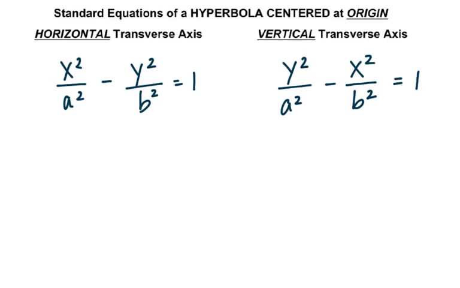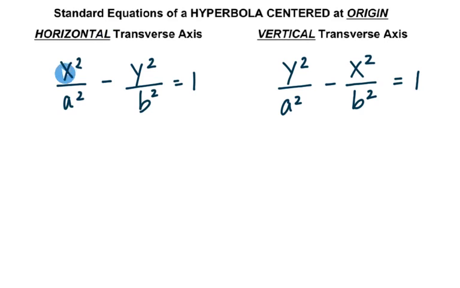Remember, an ellipse had a plus sign between those two terms. And when you're adding two terms, it doesn't matter the order, because addition is commutative. Subtraction is not commutative. So the way we will identify a hyperbola is which comes first.